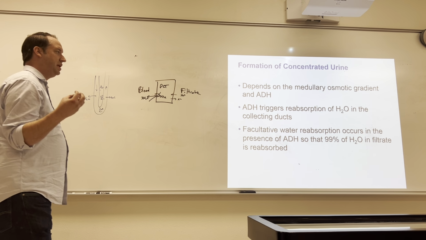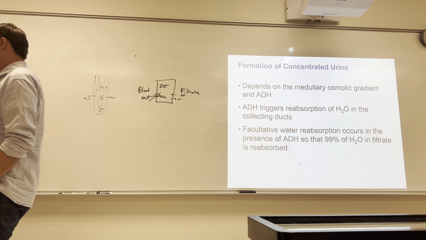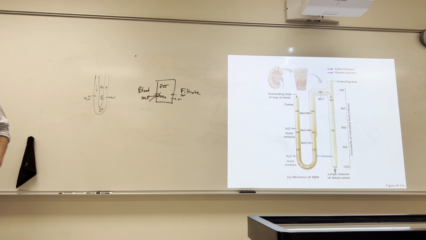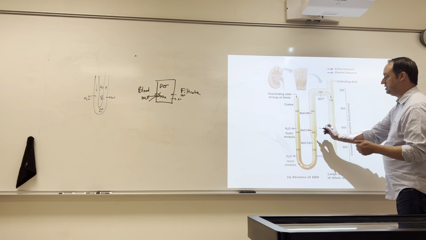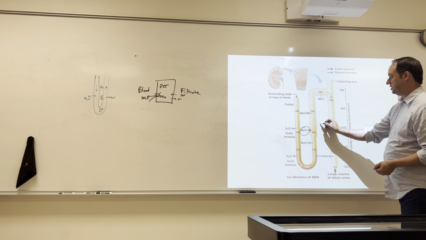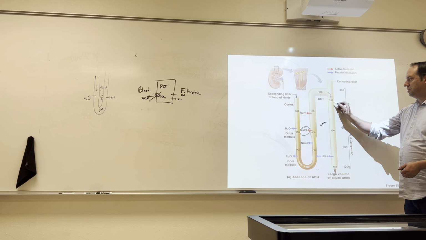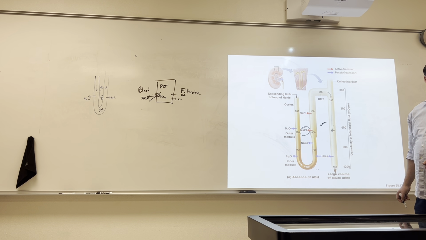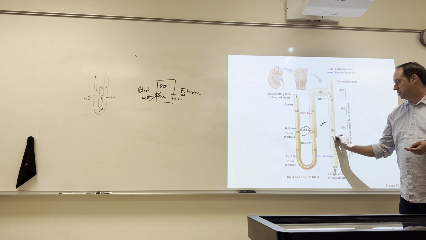So what happens with antidiuretic hormone is it opens water channels here in this collecting duct. So, there's all that sodium chloride out here. There's going to be urea out here too. Water's coming down this collecting duct, and antidiuretic hormone opens the water channel.